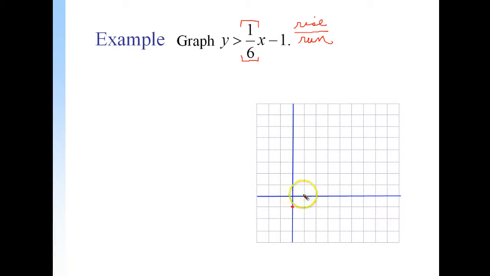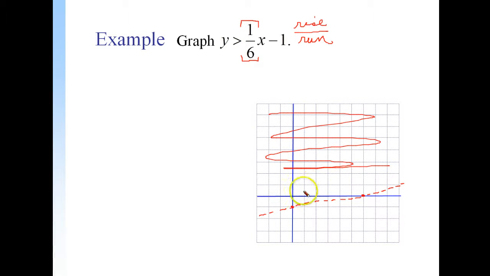So I've always said we do the run first. It's positive, so we're going to go 6 to the right. We go up 1. And what type of line do we use? Dotted or solid? Well, dotted. And it's supposed to be a straight line anyway. Now, where do we shade? It says y is greater. Do we shade above or below? Well, as you see, we're shading above.